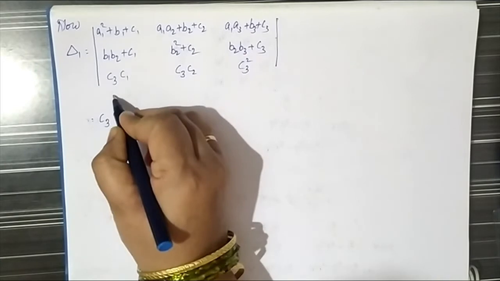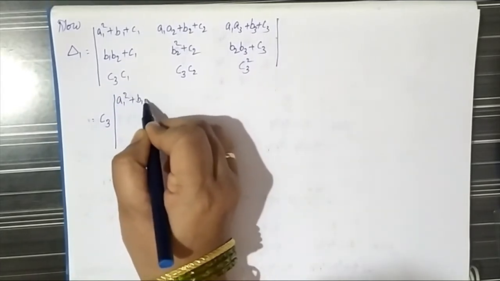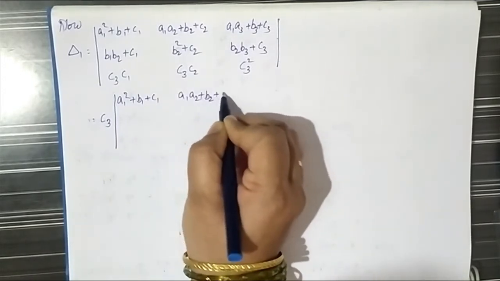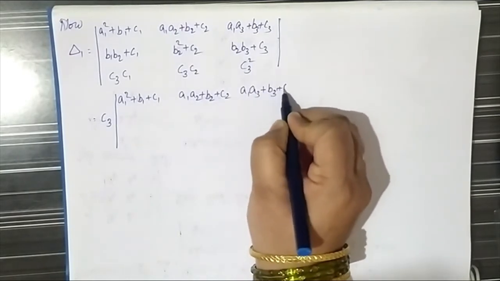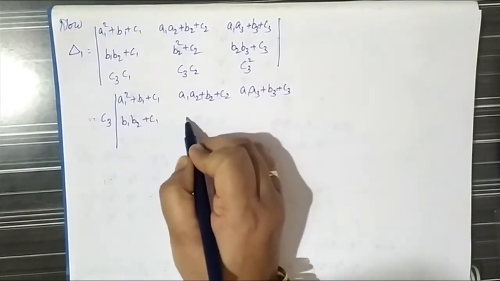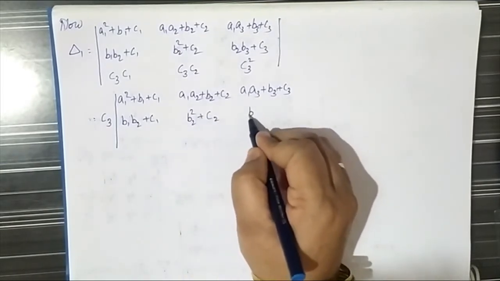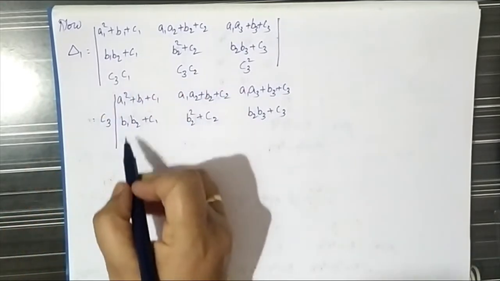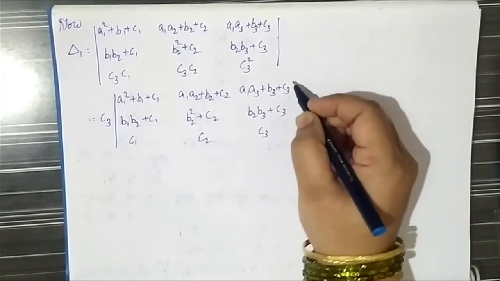Then c3 becomes common: c3 into the determinant a1 square plus b1 plus c1, a1 a2 plus b2 plus c2, a1 a3 plus b3 plus c3, and here b1 b2 plus c1, b2 square plus c2, b2 b3 plus c3. Taking c3 as common, the remaining terms in the third row are c1, c2, c3.